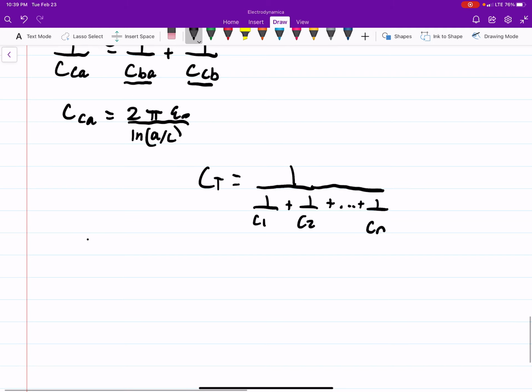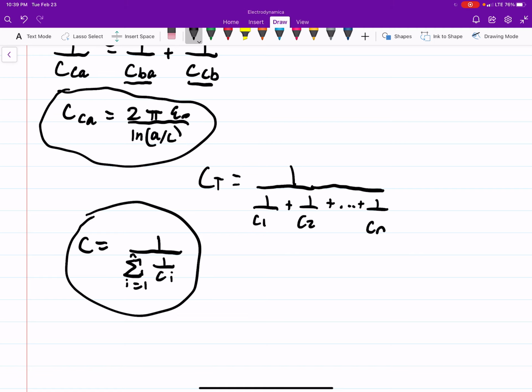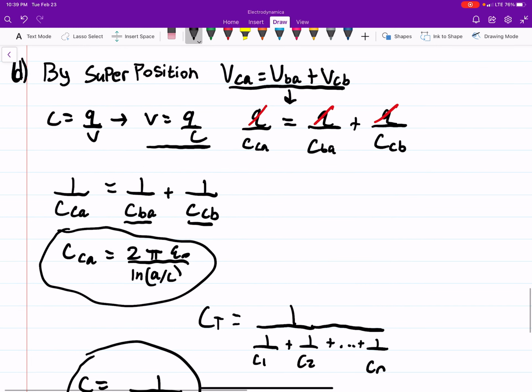So you could say that your capacitance is equal to 1 over the summation of 1 over C sub i, where i starts at 1 and goes to n. This is a general rule. We've seen that before in physics when we work with circuits, capacitors in series. That's kind of what you do with those.